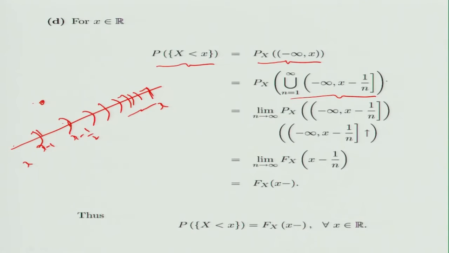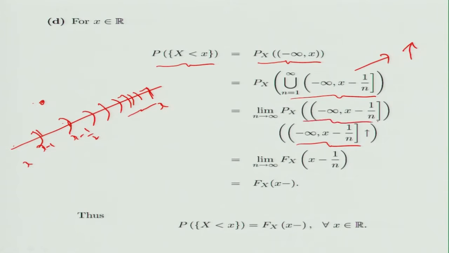Now if you look at this sequence, this is an increasing sequence. So Px of union is same as Px of limit, and Px being monotone, because every probability function is continuous, this is same as limit n going to infinity Px of minus infinity to x minus 1 by n, because this is a monotone sequence and the probability function is always continuous.